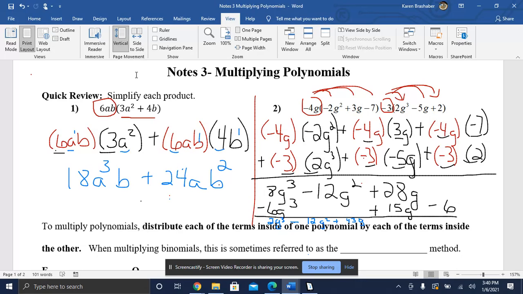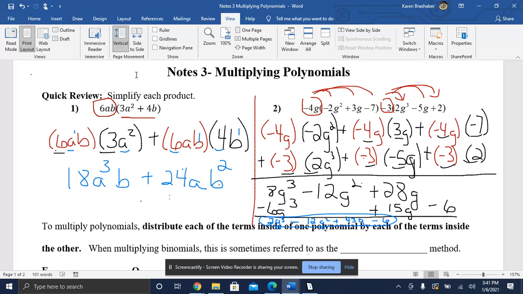And finally, we'll bring down the minus 6. So your final answer is this one that I've squeezed in here in blue, 2g to the third minus 12g to the second plus 43g to the first, and then minus 6.